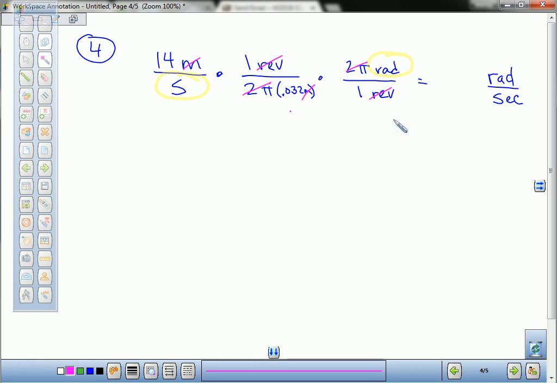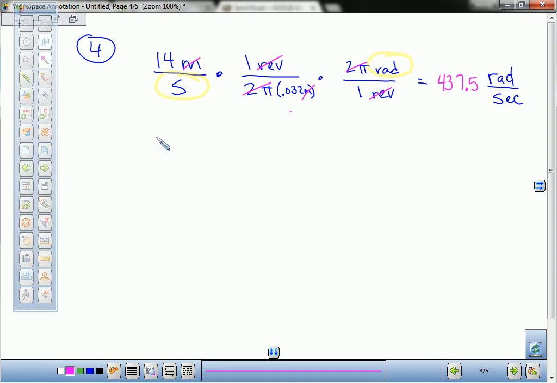The answer says 437.5, that's correct. I got 437.6. I did 14 times 2 pi, and then divided by 14 divided by 0.032. The 2 pi's did cancel.